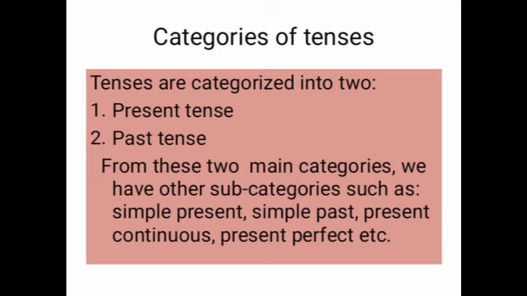Okay, all right, so we have the present tense and what? The past tense. They are the two categories of tenses. From these two main categories, we have other subcategories such as simple present, simple past, present continuous, present perfect, etc. Those are the other subcategories under the present tense and the past tense.